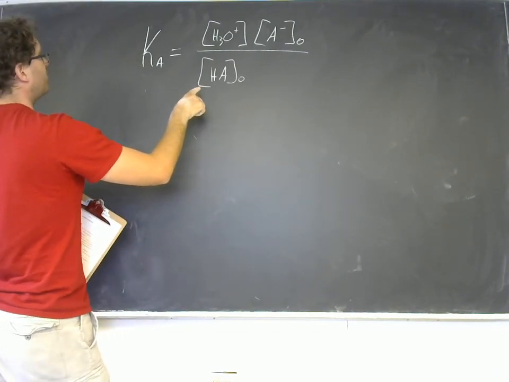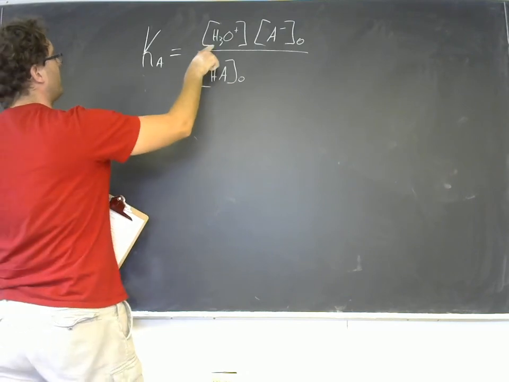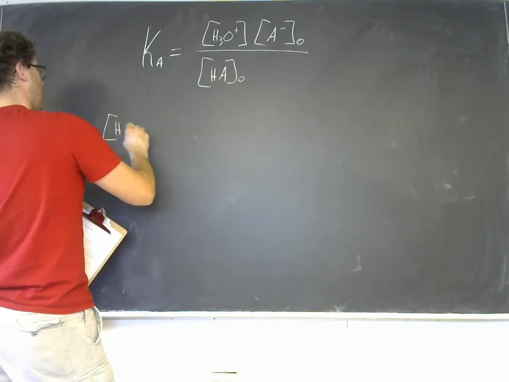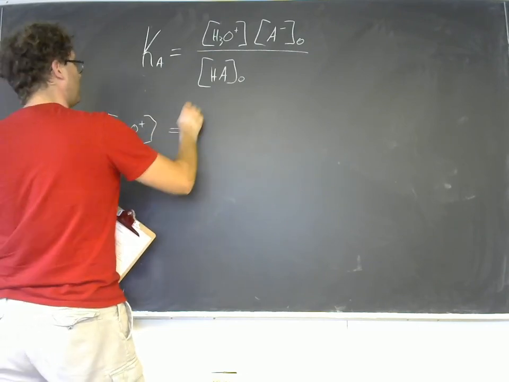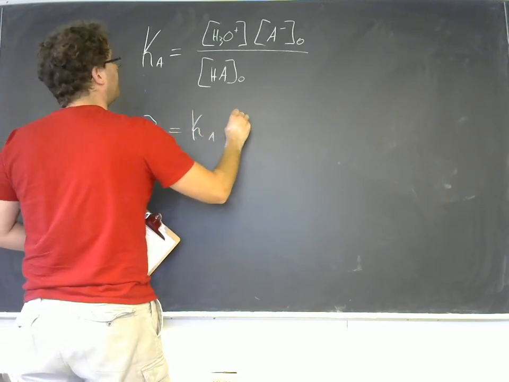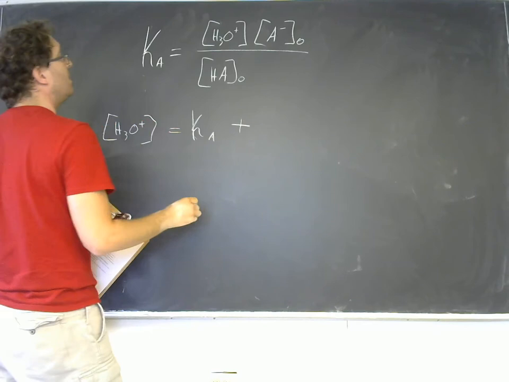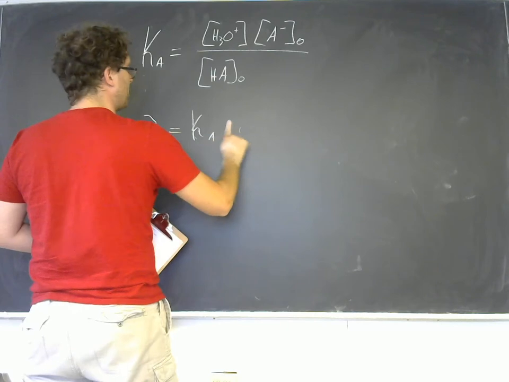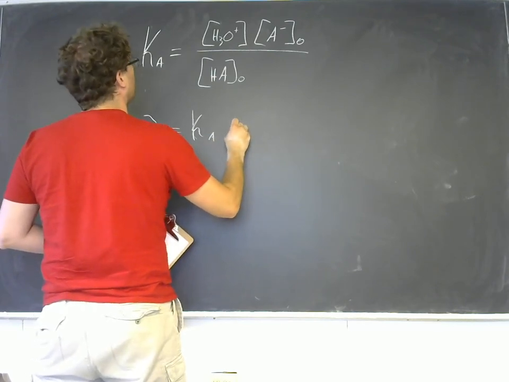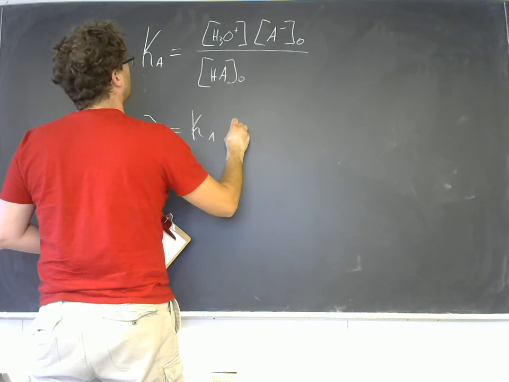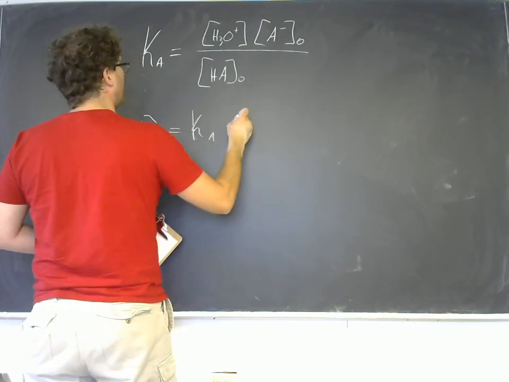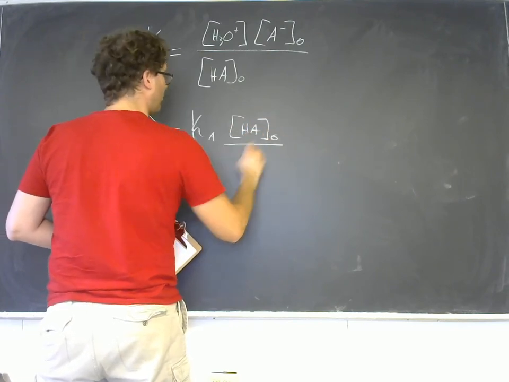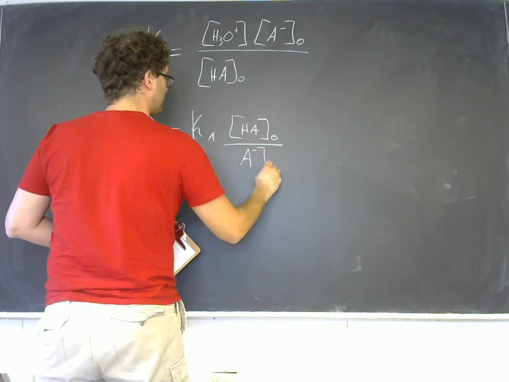Let's say that the H3O plus we want to be alone on its own side. H3O plus then is going to equal Ka times HA naught over A minus naught.